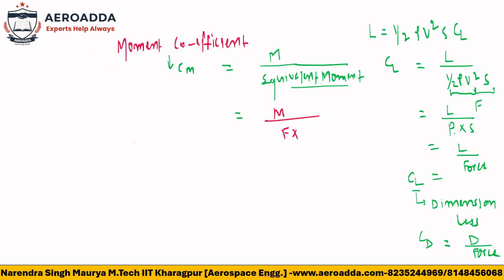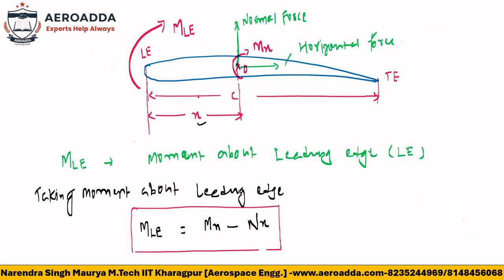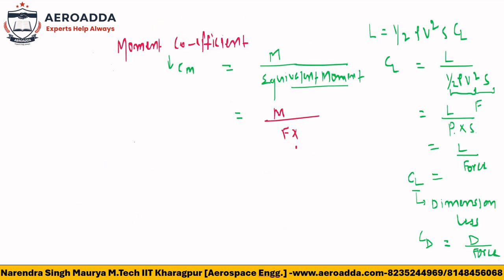So for that, C is the chord length of the airfoil, and you always write the moment M from leading edge to trailing edge, on the chord only. If you are taking C as a reference in the equivalent moment, sometimes you take C by 2, which means 50%, C by 4 means 25%, or 3C by 4.